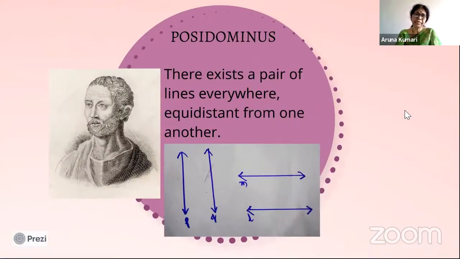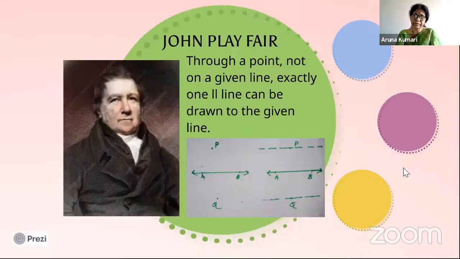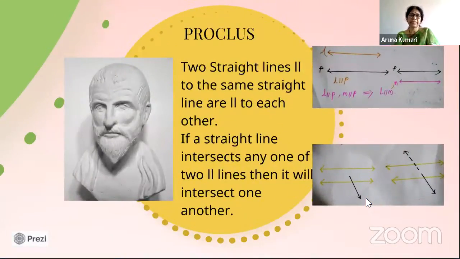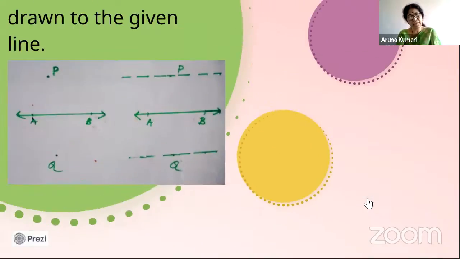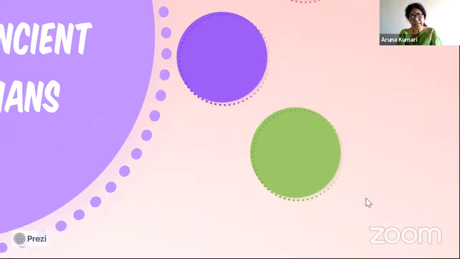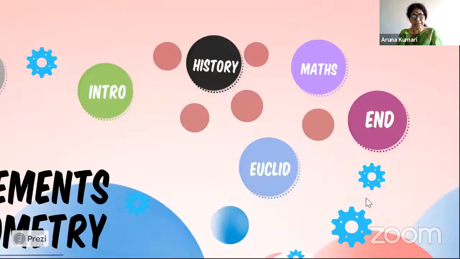Legendary is also a mathematician. Quasi-dominus is also. Proclus. These mathematicians also did something. We'll learn afterwards. Before that, we have to know about Euclid's axioms and postulates.